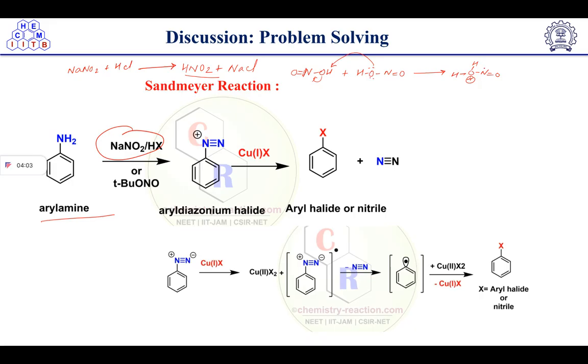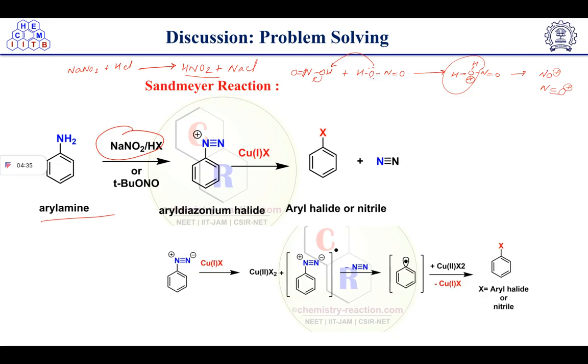Now after getting this one, as we know, H2O is a good leaving group, correct? So the good leaving group will knock out and we will get NO plus, with the plus charge on nitrogen, and the anion will be generated over here. Got it?